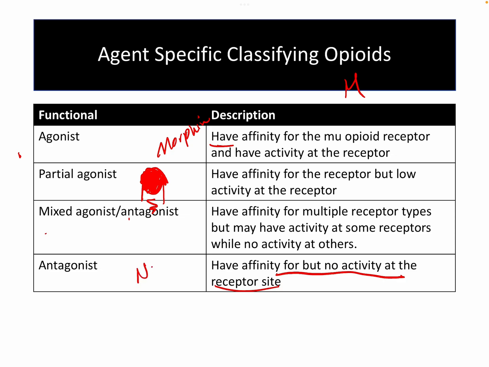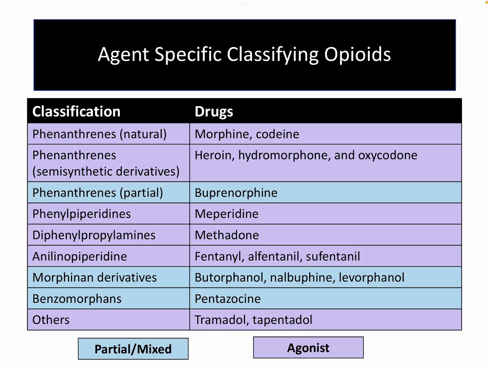This is naloxone. Let me just show you guys what this looks like. Your partial and mixed include buprenorphine, morphine derivatives, and your benzomorphans. The rest of these are pure mu opioid receptor agonists. And again, your only pure antagonist is naloxone.